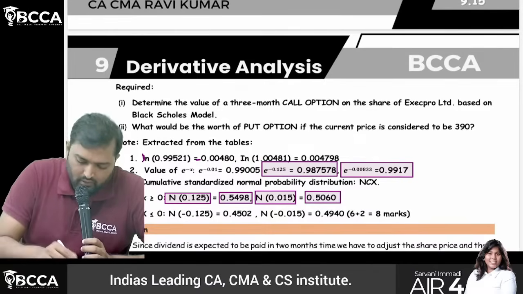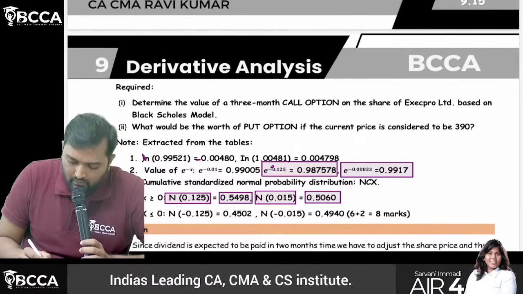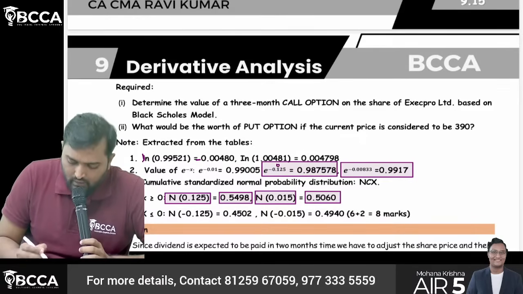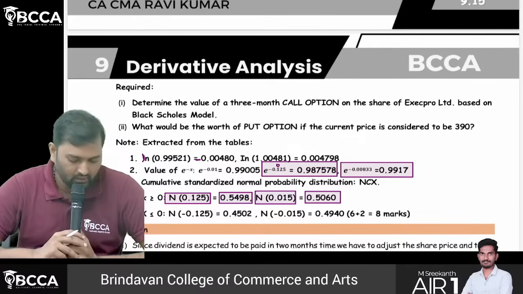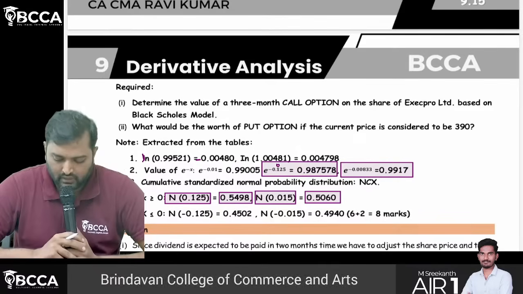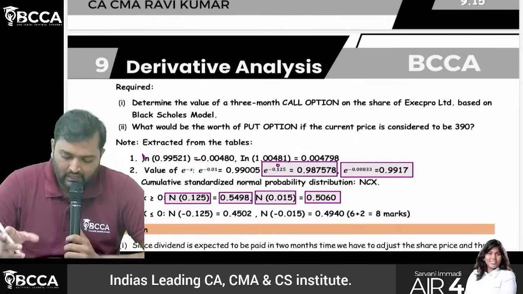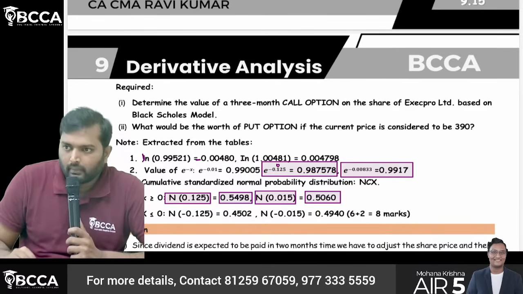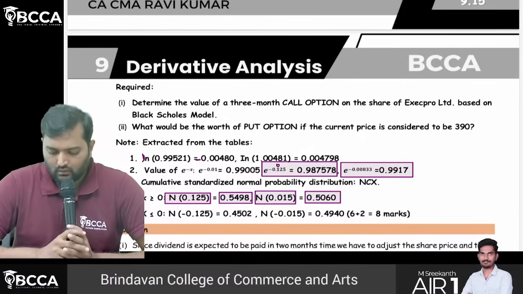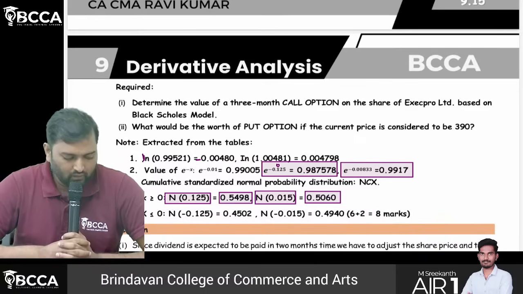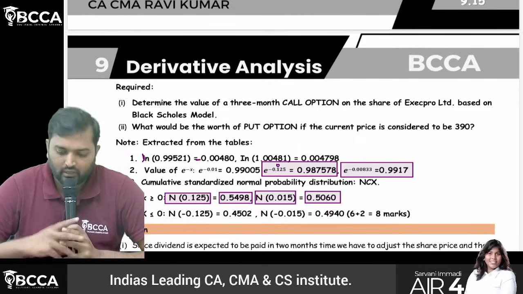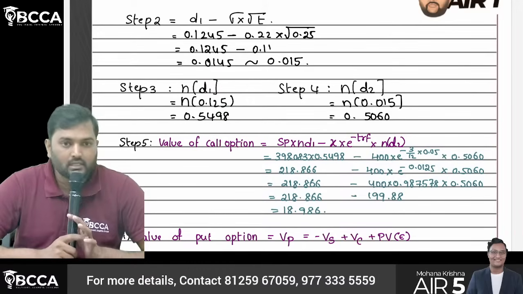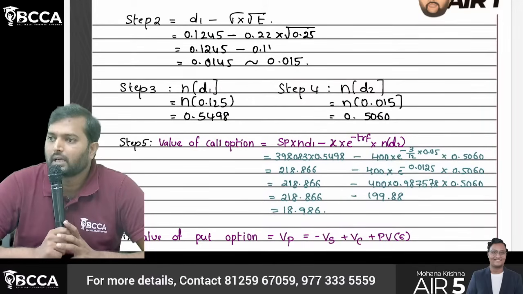Here 10 is missing, a printing mistake. E power minus 0.0125 is equal to 0.987578, already given. So this 18.986 is the value of a call option as per the Black-Scholes model.